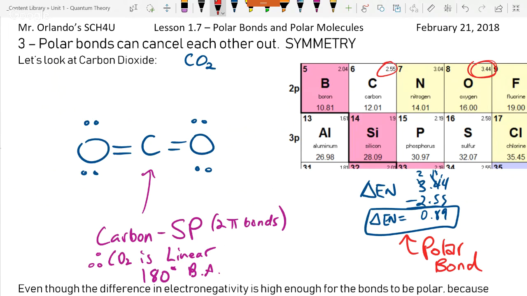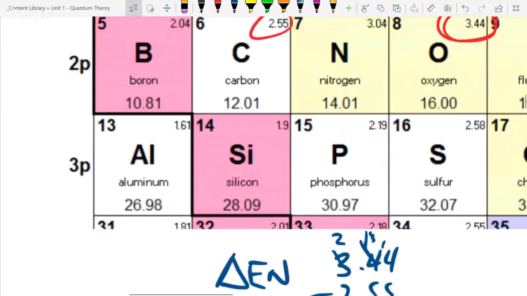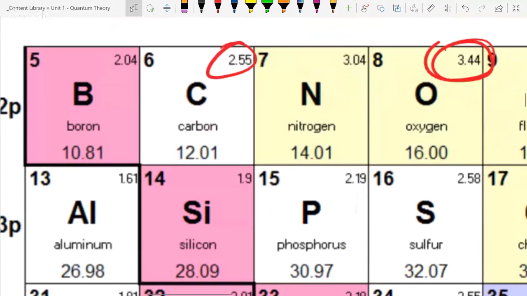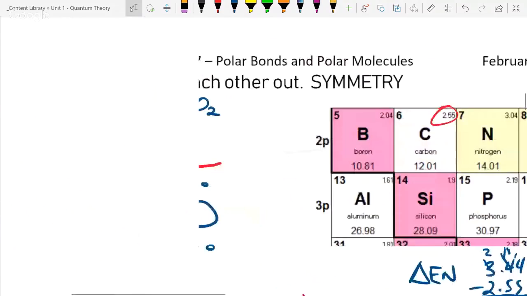With that in mind, carbon, oxygen, which way is the arrow point for this polar bond? Well, it should point towards the one where the electrons are spending more time, right? Let's take a look. Which one wants electrons more? Oxygen. Good. Hello, computer. There we are.